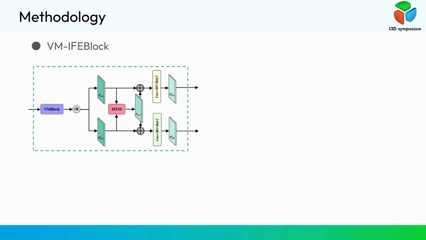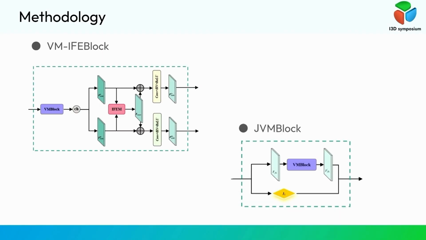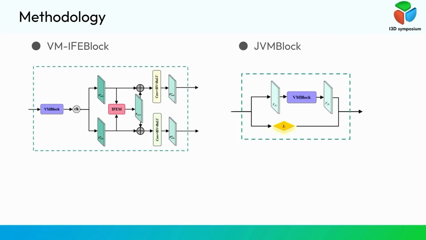In this slide, we continue by introducing the Joint Vision Mamba block, JVM block, which is also built upon our core innovation, the VM block. The JVM block replaces the traditional self-joint transformer structure commonly used in joint-level attention enhancement models with the more efficient VM block.